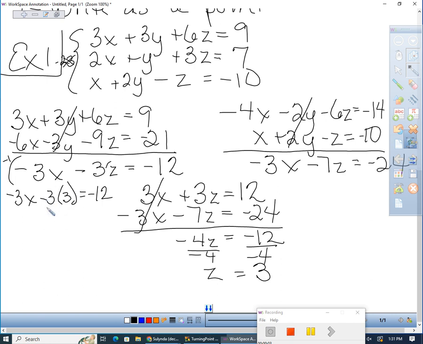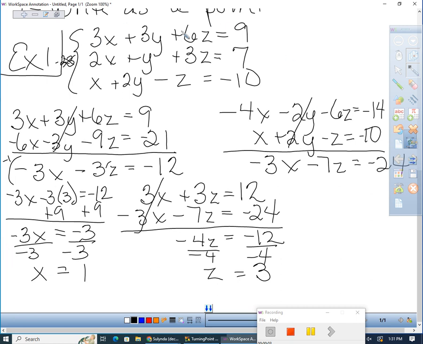This is negative 9, so I'm going to add 9 to both sides. So I have negative 3x equals negative 3. Divide both sides by negative 3. And x equals 1. Now we're to step 6. We're going to take both of those answers and take them where?